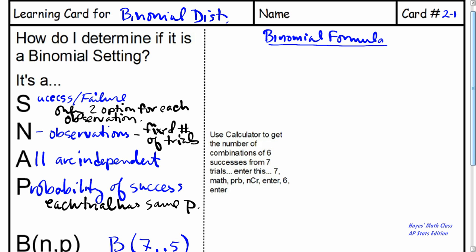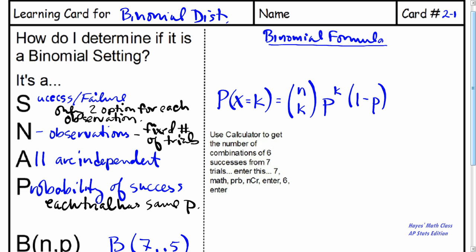P of X equals k equals the combination of n over k, and we'll talk more about that. We talked a little bit about that last week. If you ended up taking pre-calculus, you may have seen that. Then you're going to take the probability to the k power times 1 minus the probability to the n minus k power.